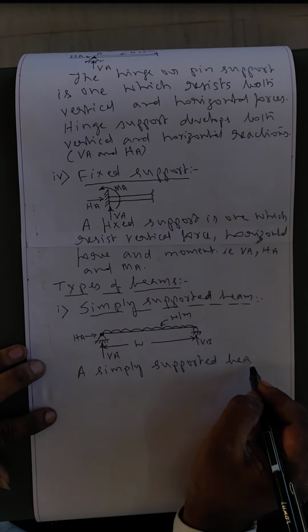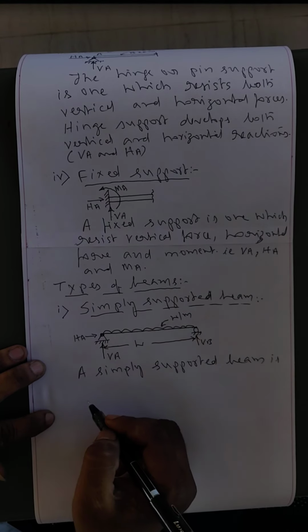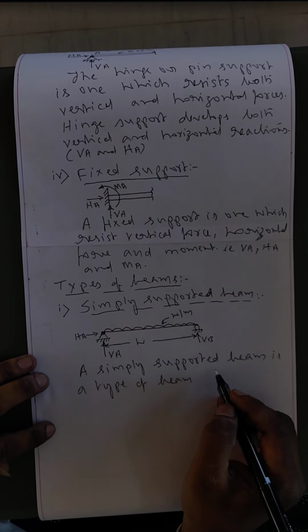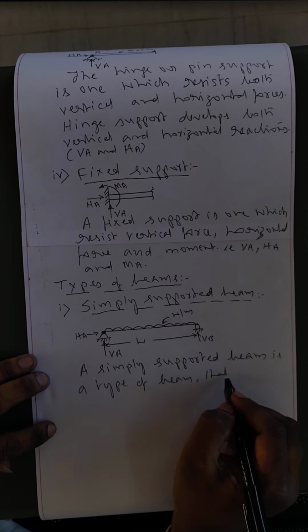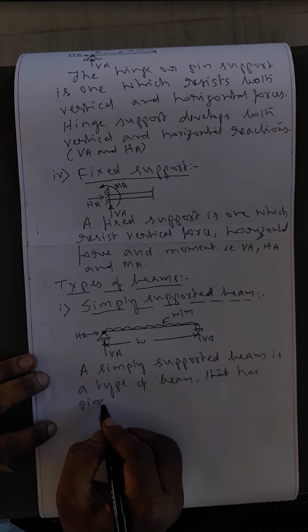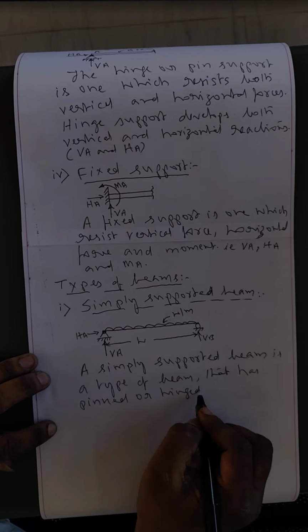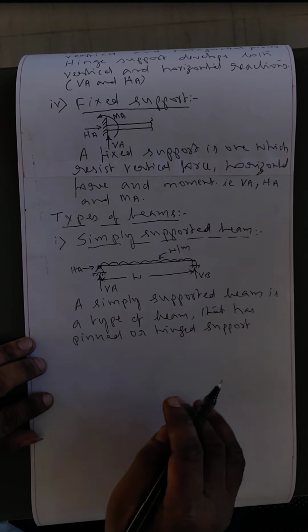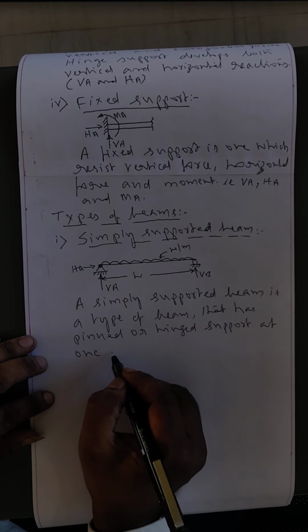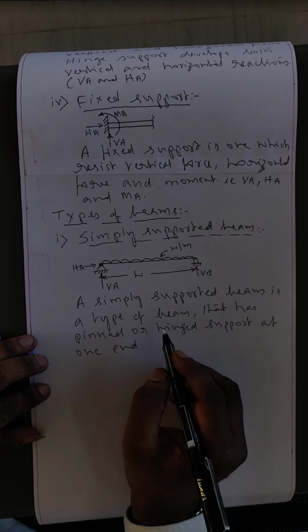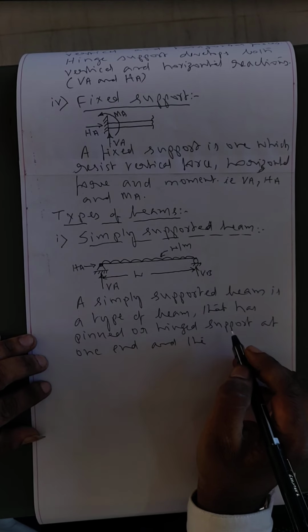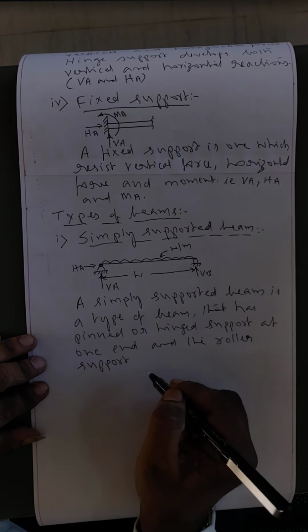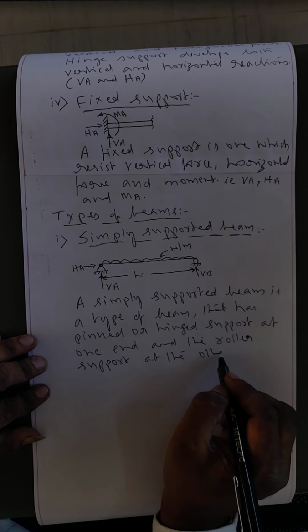A simply supported beam is a type of beam that has pinned or hinged support at one end, and the roller support at the other end.